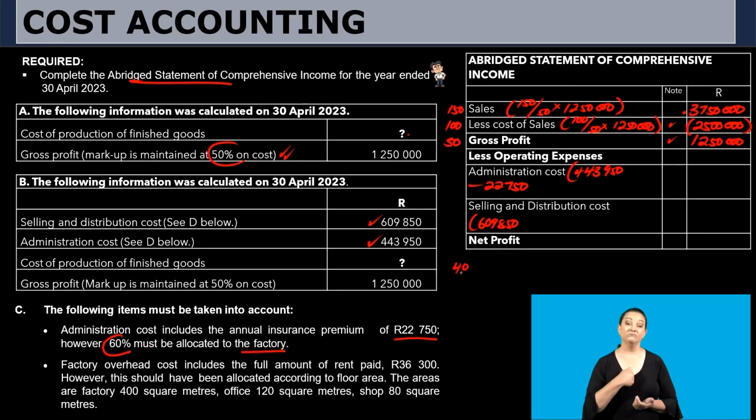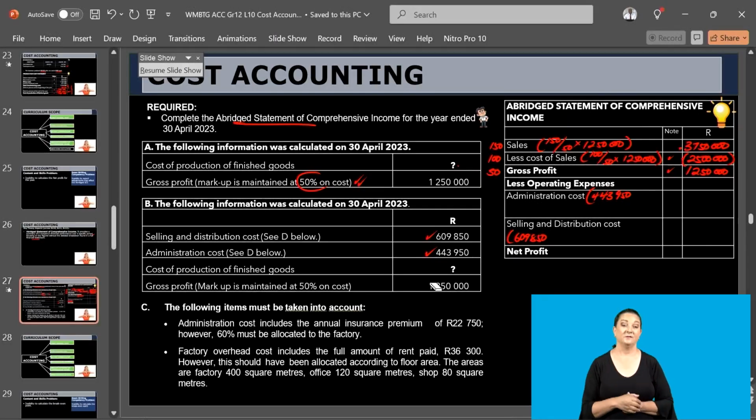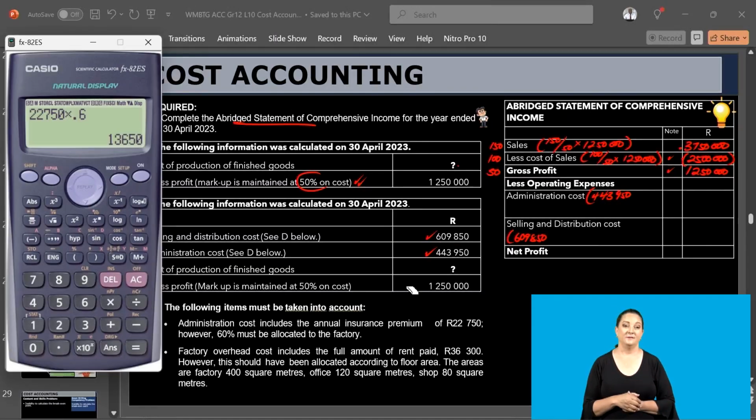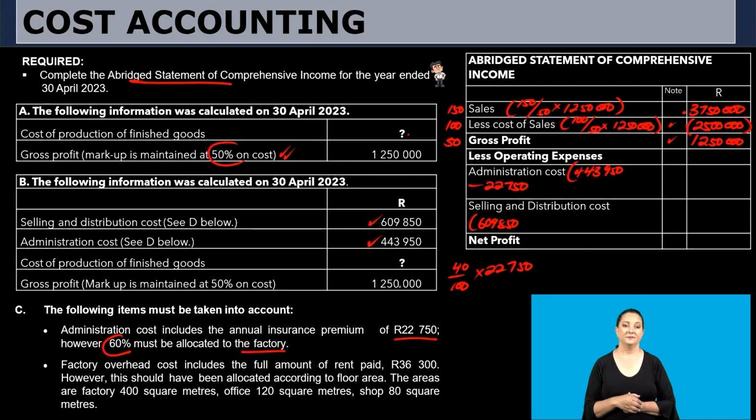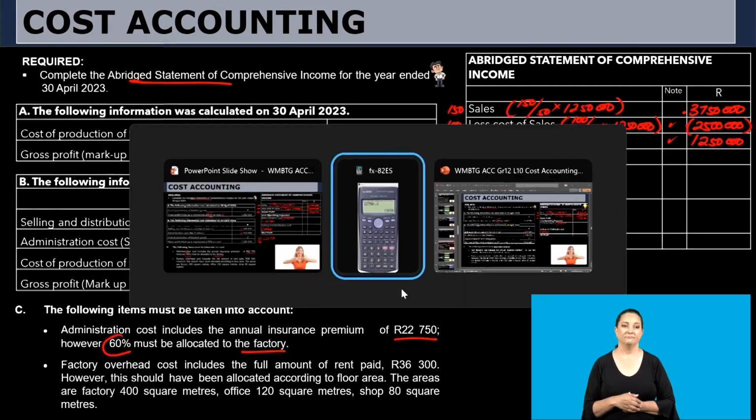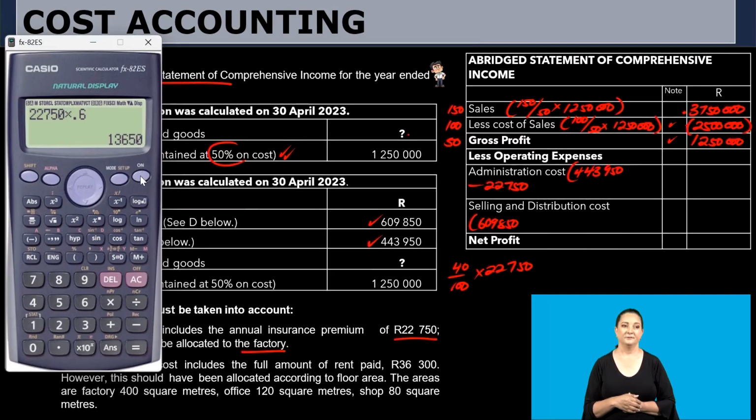So I want 40% of the 22,750. So I'm now going to say 40 over 100 multiply by 22,750.